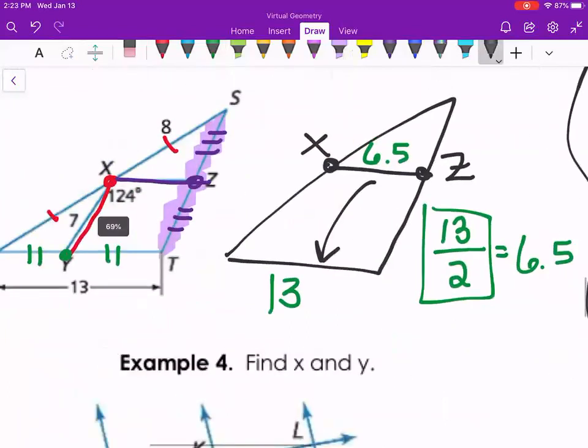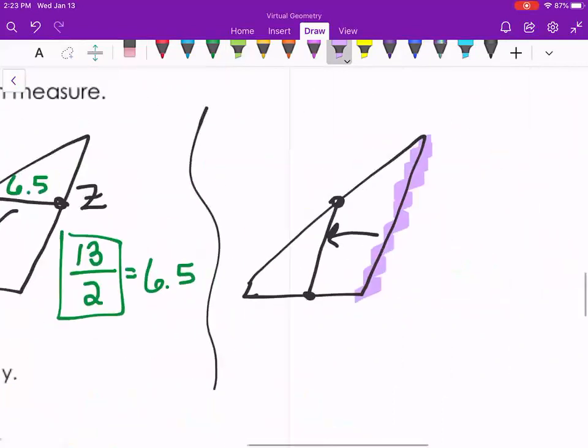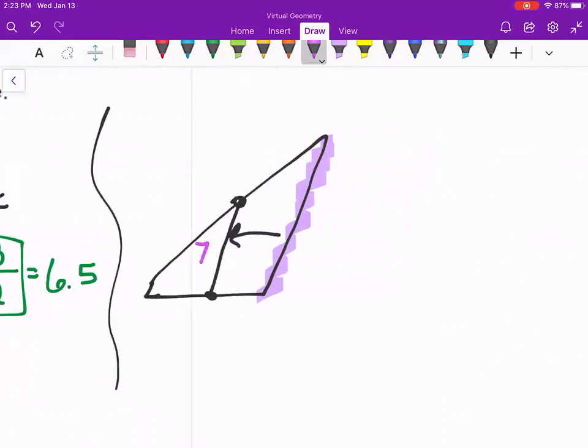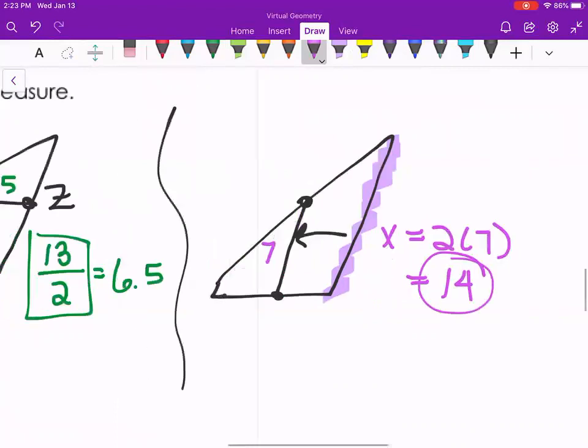So let's see what it tells us. It tells us that has a length of 7. So if this length is 7, and again, 7 is half of that, if I'm trying to get this piece, it's going to take 2 of those 7s to make that entire segment. So X is supposed to be 2 of those, so 2 times 7, which means it's 14.